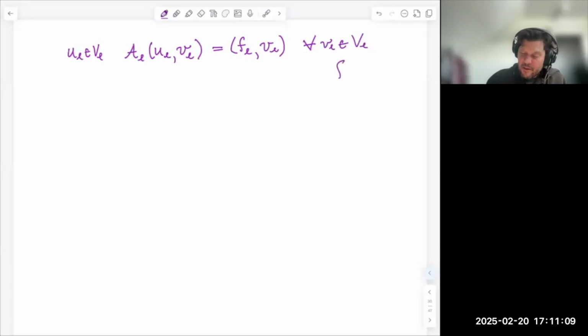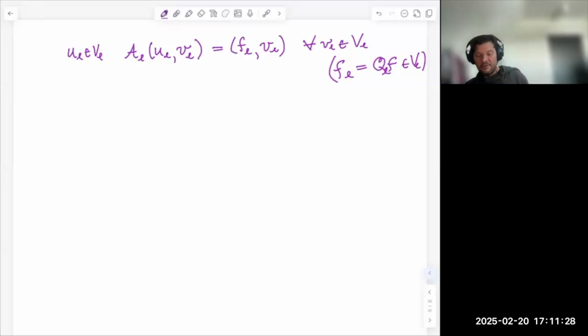So FL here is equal to the projection of F into the space VL. Let me emphasize that it's in VL. So how can I prove what I just stated on the previous page?